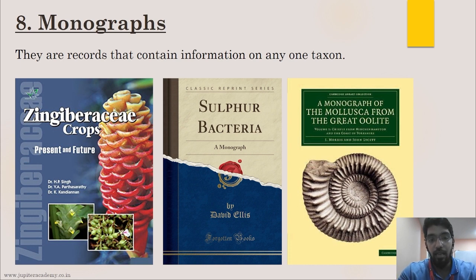Then the second example, we have sulfur bacteria. Just on sulfur bacteria, there is a book written. Such a book which explains only one taxon is called a monograph. It gives all kinds of information about the particular taxon.